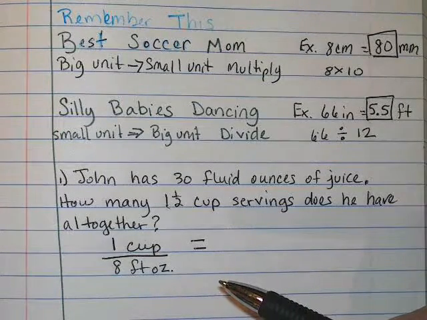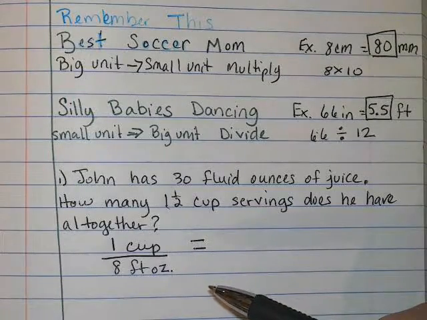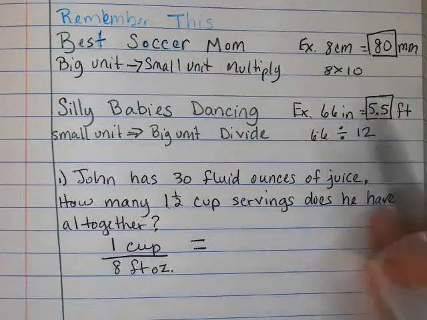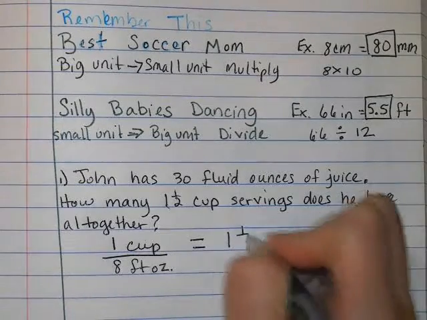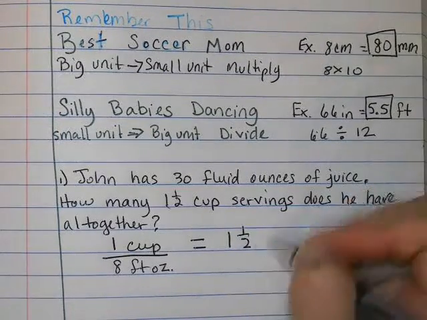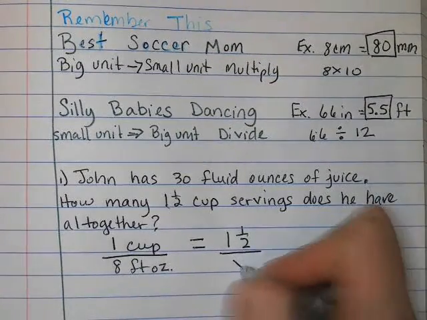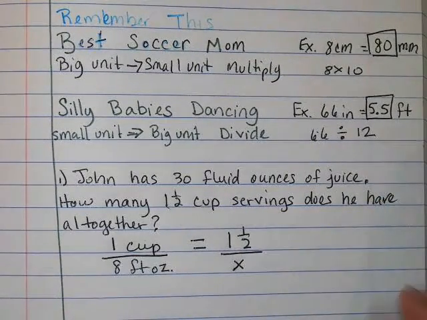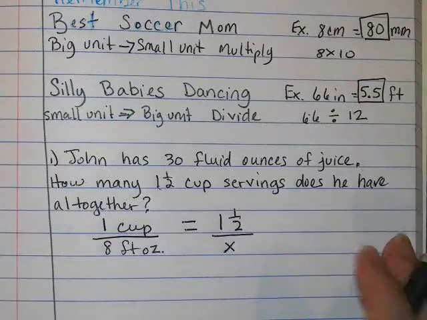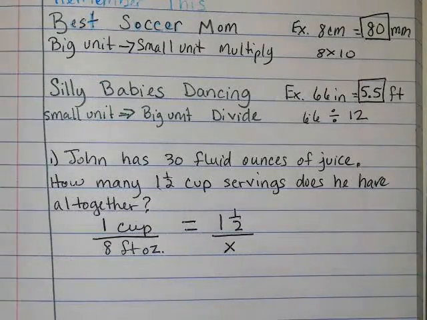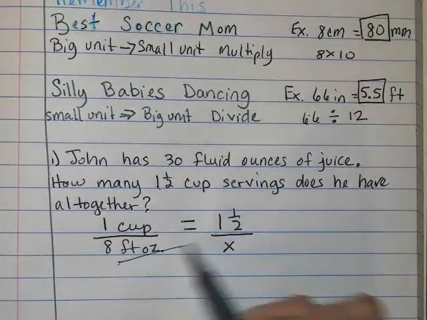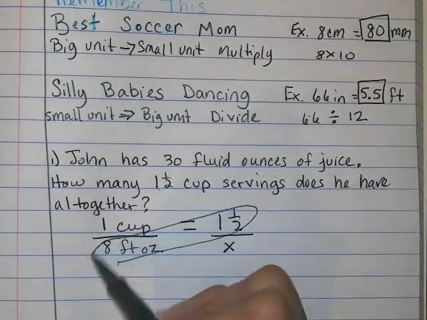So first of all, 1 cup is 8 fluid ounces, and I need to know how many fluid ounces are in 1.5 cups. So this we don't know. We're just going to label that X. That's my unknown, right? So you cross multiply the 2 that you can. So I cross multiply my 1.5 times 8.